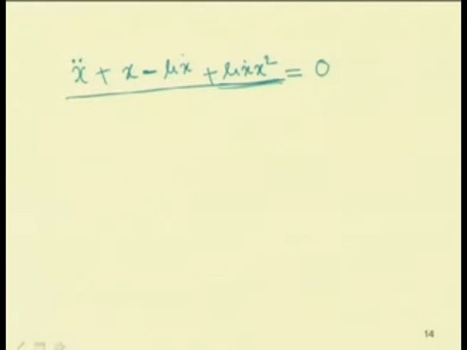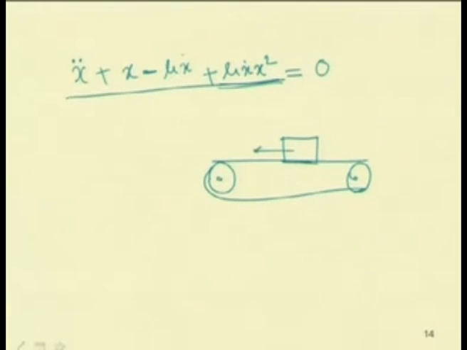For example, this type of system can be obtained by considering a conveyor belt system carrying blocks or some material. When the block is moving on the belt, the force can be modeled as a Duffing type of equation.